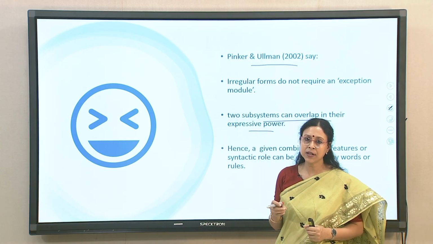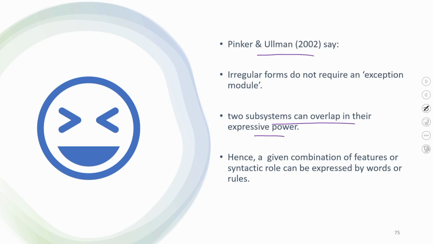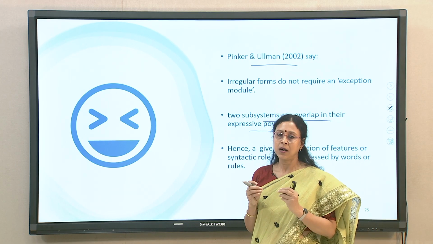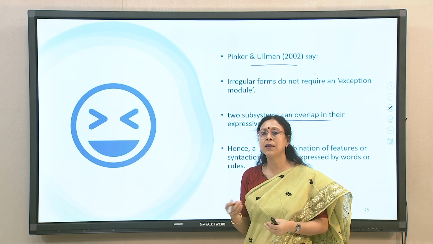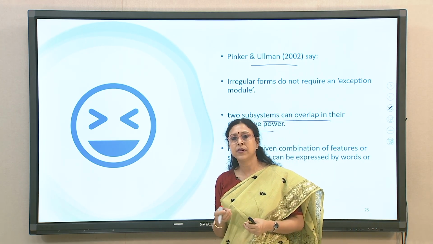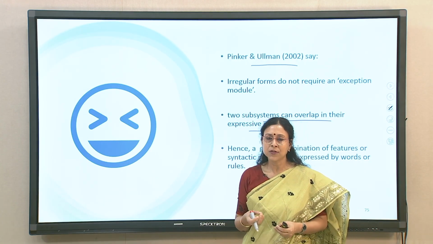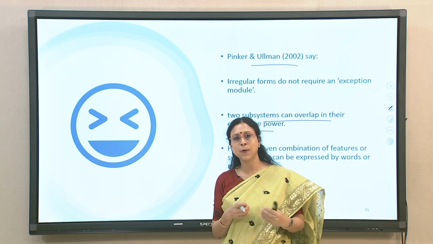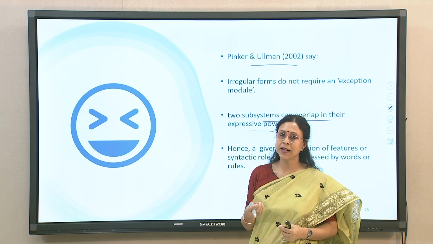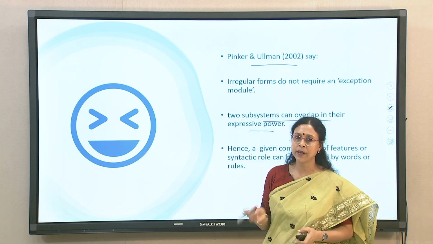A given combination of features or syntactic role can be expressed either by words or by rules. The role is similar: to express the time of the event with respect to the time of speaking, which is, let us say, past tense. So, this happened before now. This idea can be expressed either by a word or by a grammatical rule.